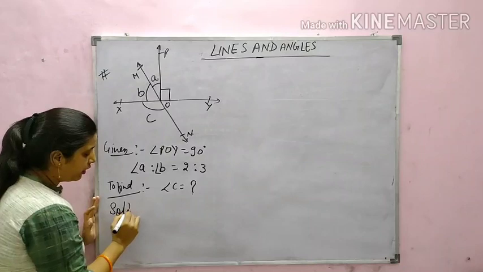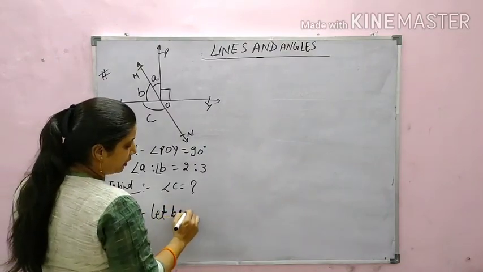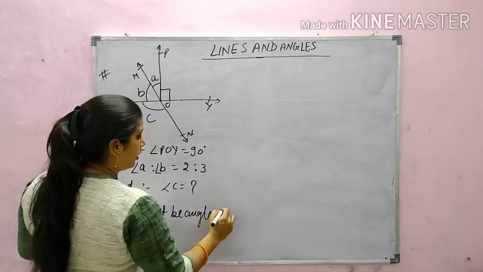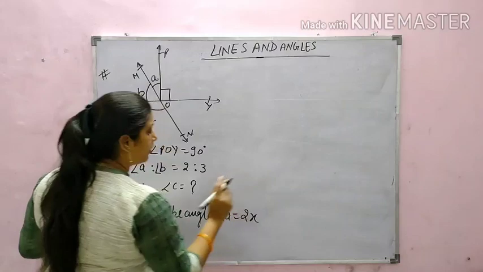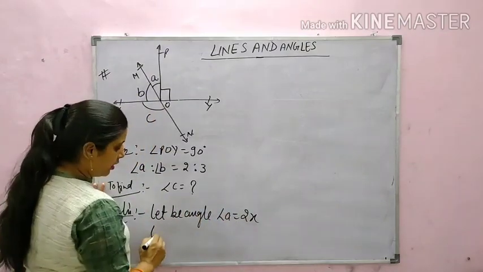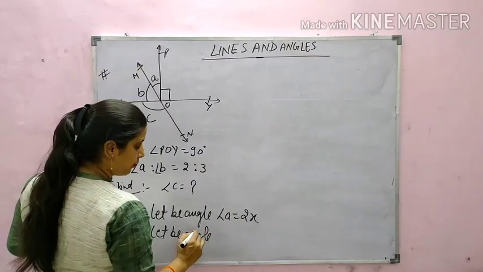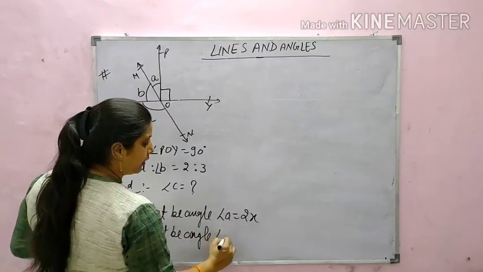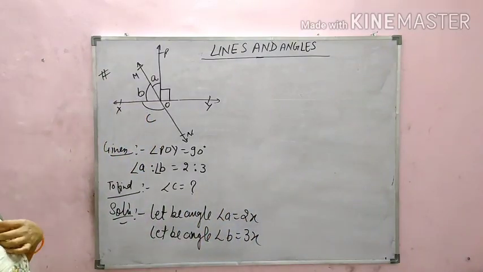Clear? Now in the solution, first of all we will write, let angle A be 2x. Clear? We will assume that. Let angle B be 3x. I am assuming both the angles. Clear?